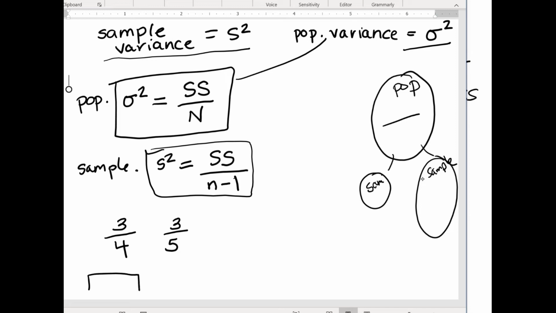All right, so if we have 3/4 versus 3/5, which one is a little bit bigger? This one, right?